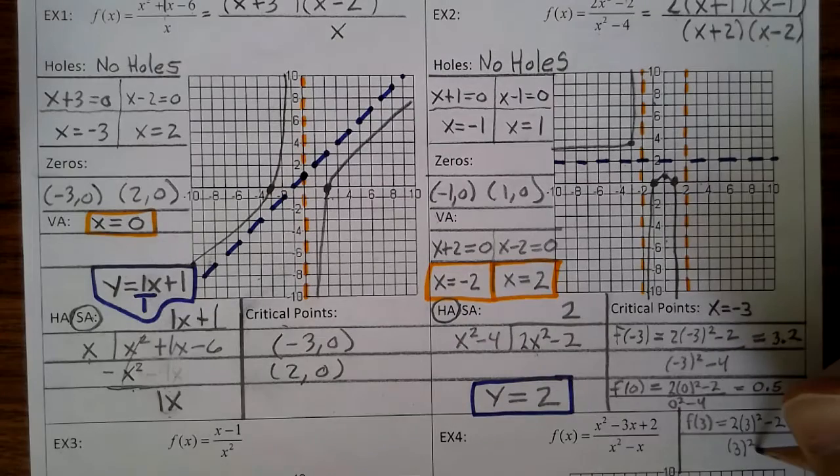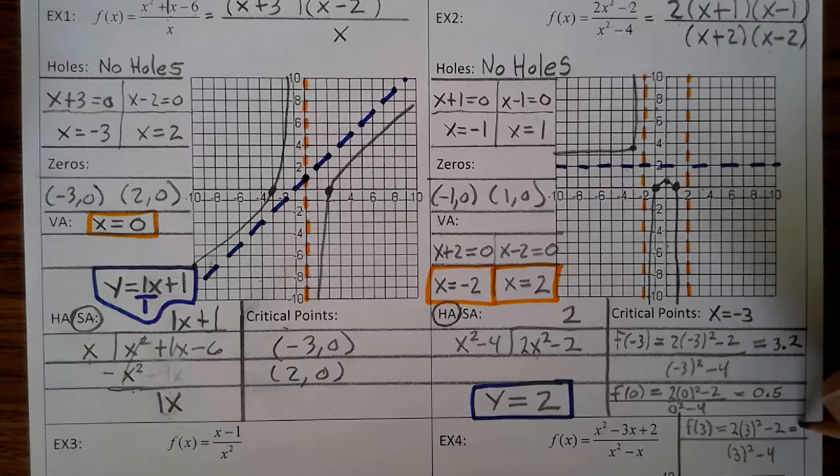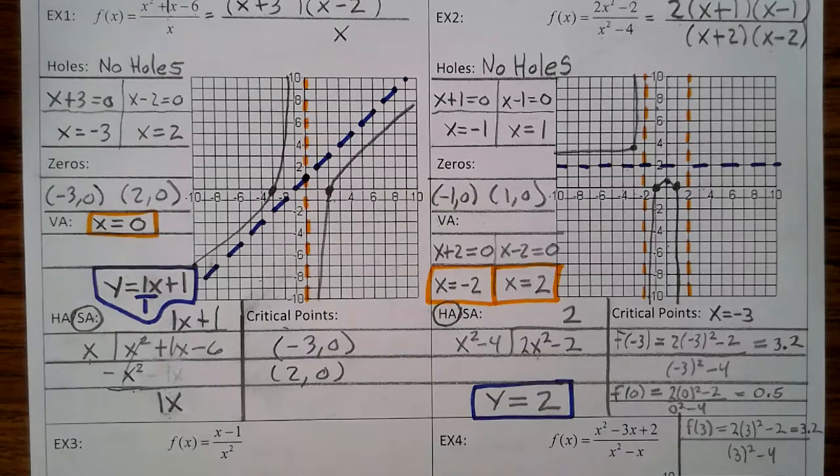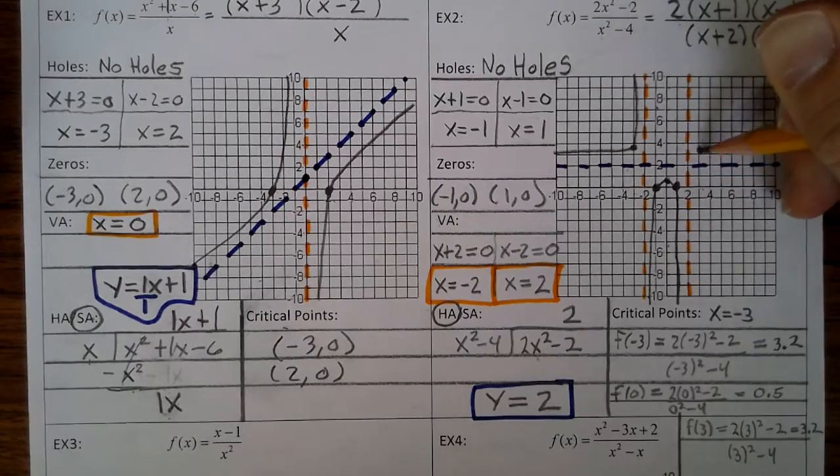So at (3, 3.2), which is about right there, our curve is right here. All right, so if you would go ahead and finish up example 2.